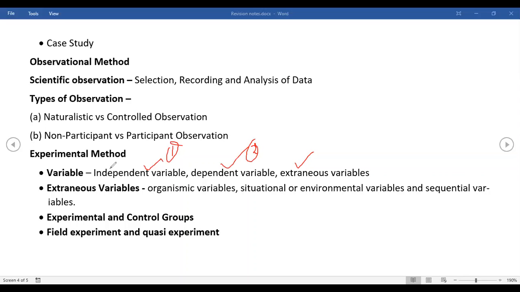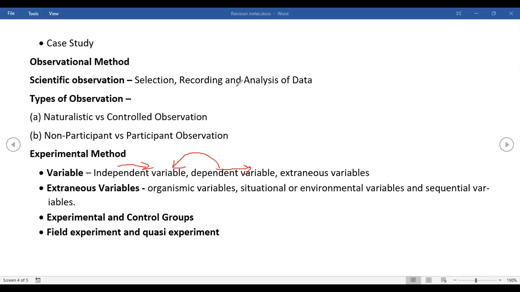The most important thing is the independent variable. Of course, they are interdependent on each other, but the independent variable is really important. The dependent variable is dependent on the independent variable. When the independent variable changes, the dependent variable automatically changes.